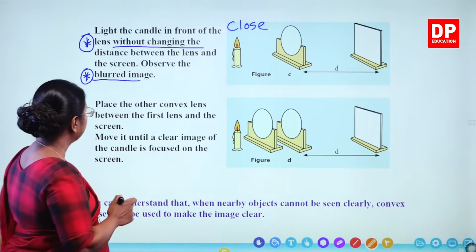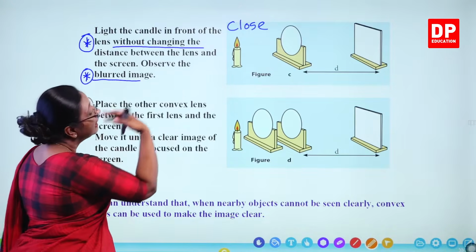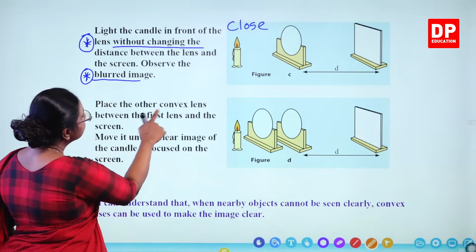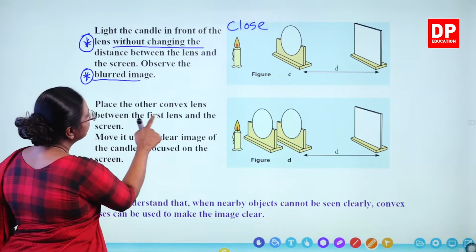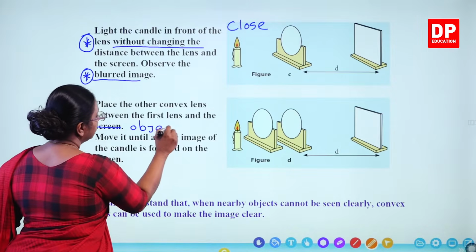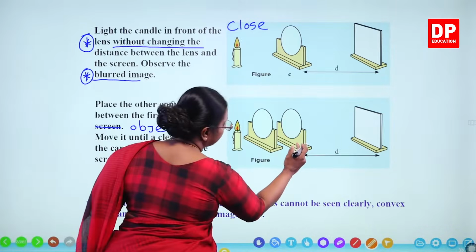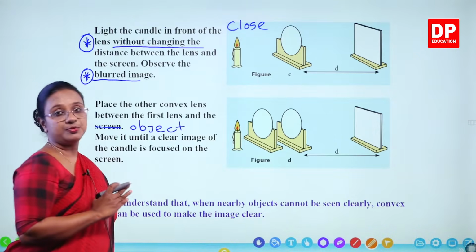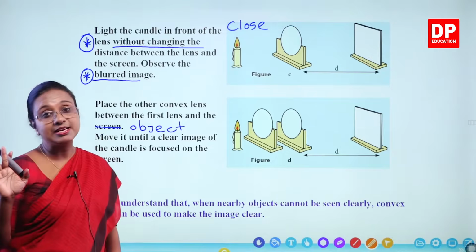So the second lens has to be between the candle and the first lens. So place the other convex lens between the first lens and the object. So it shouldn't be between the lens and the screen, it should be between the lens and the object, or the candle. Do you all understand that clearly?